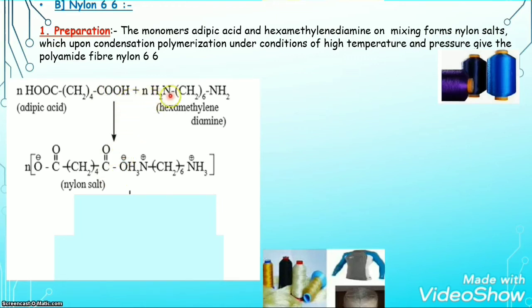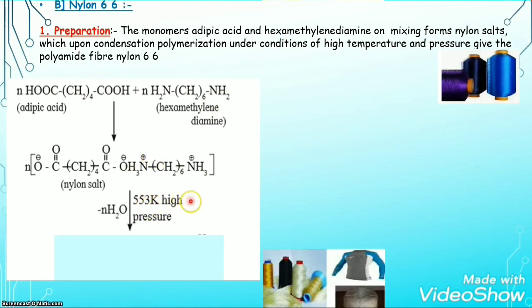Then NH2 will be converted into NH3 that will carry a positive charge, then CH2 6 times and NH3 positive charge. In this case, due to the gain of hydrogen by hexamethylene diamine, both the NH2 become NH3 with a positive charge.